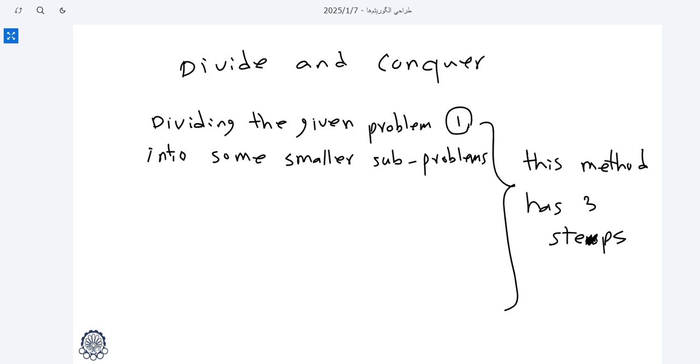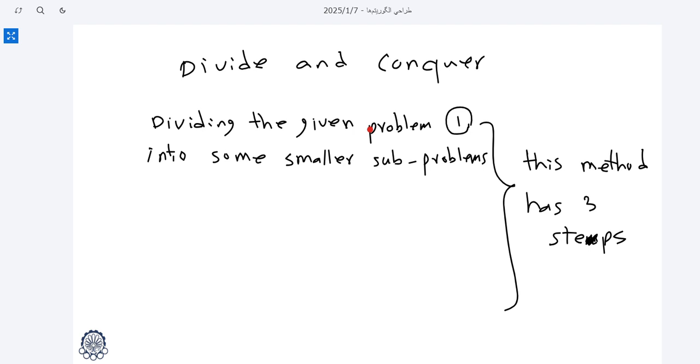If you are going to use divide and conquer method for solving the sorting problem, in the first step, we divide the input array into some smaller sub arrays and try to sort those sub arrays first.